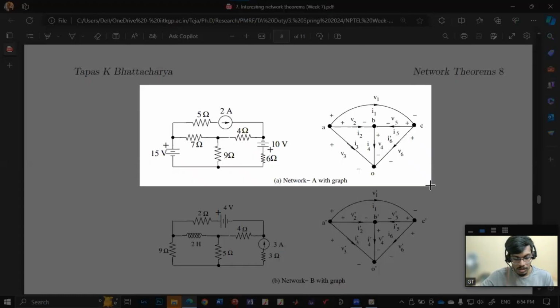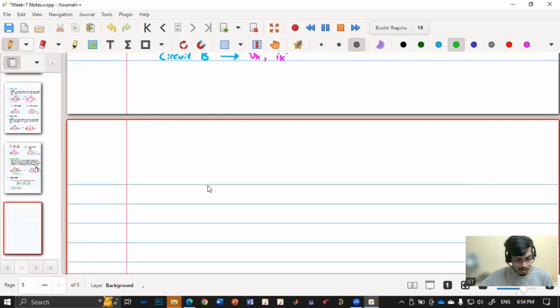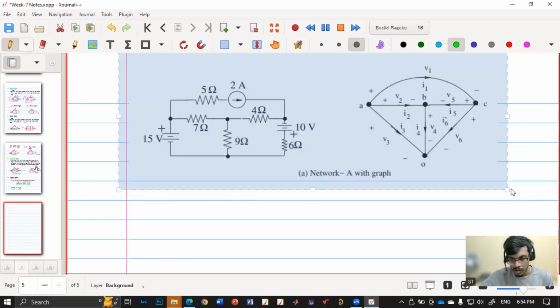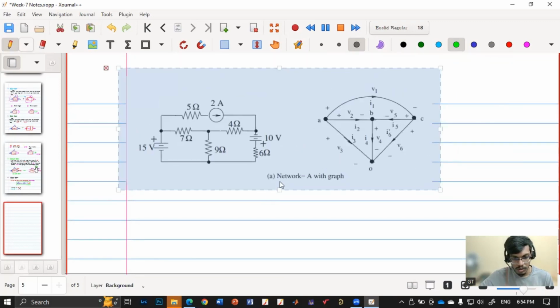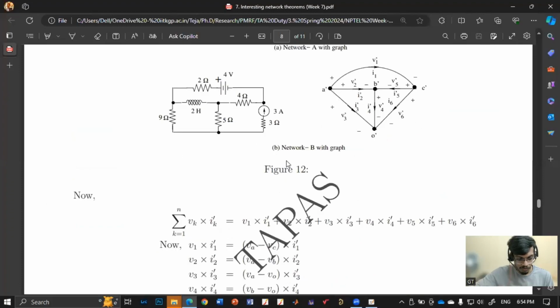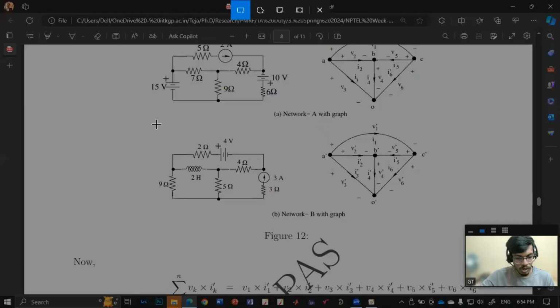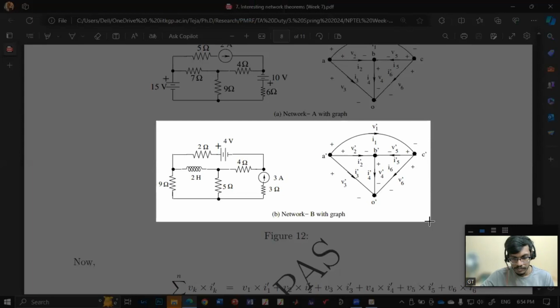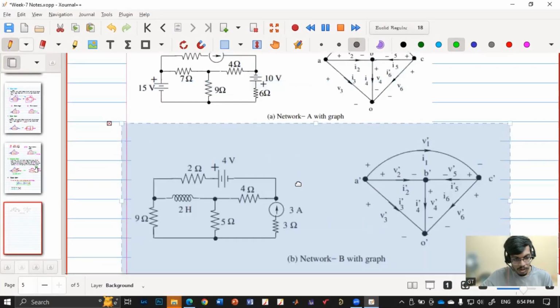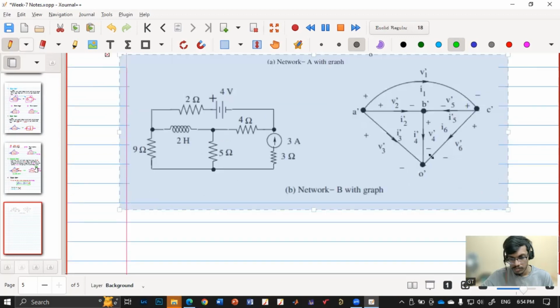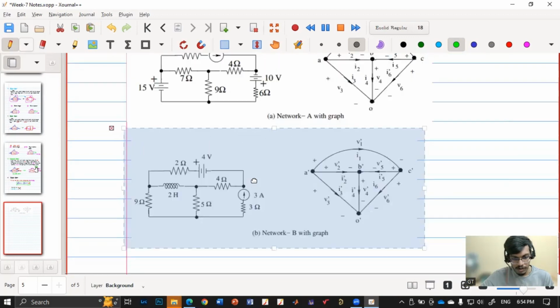So this is one circuit, and this is the other circuit. We have considered two circuits or two networks. This is network A, this is network B.